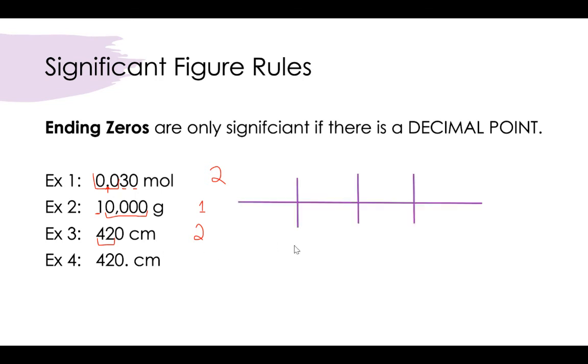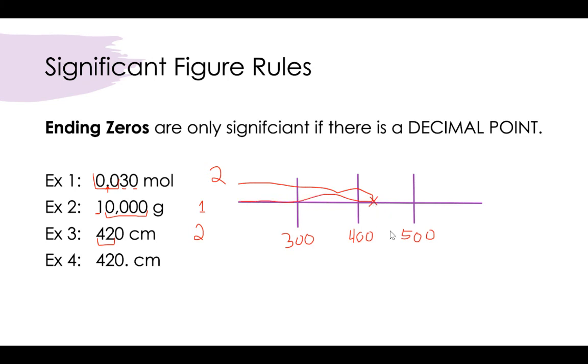This means I have a ruler. I'm measuring in centimeters, and this is just a portion of my ruler. It has 300 centimeters marked, it has 400 centimeters marked, and it has 500 centimeters marked. And when I measured something, it came up to somewhere here. So I'm measuring this big long thing, and it comes up to this point right here.